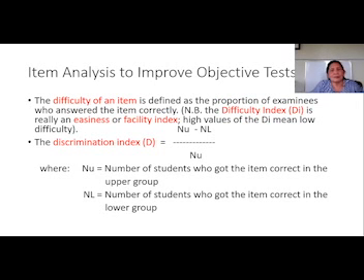Sige. Now, another way by which we can make good items or we can select good items, especially when we are preparing for division-wide or nationwide na test. No? It has got to be tried out first before you can select really good items for inclusion in a standardized test.